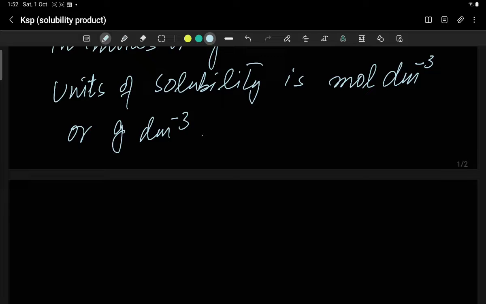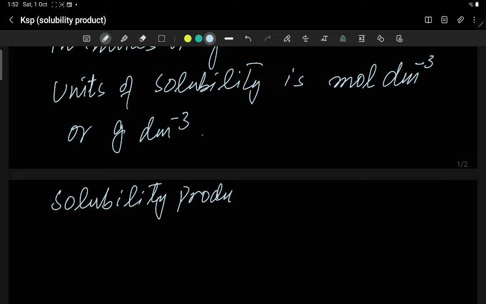So, the solubility product. What do you mean by solubility product? Solubility product, represented with Ksp.